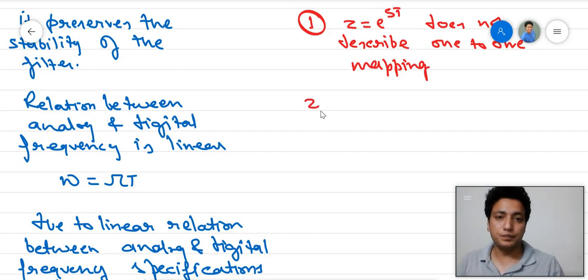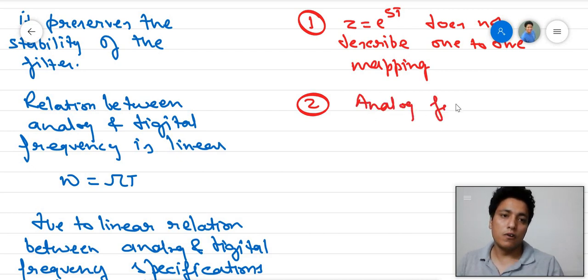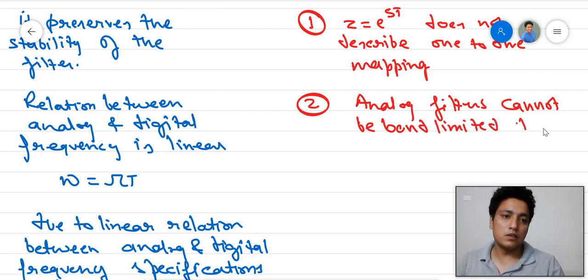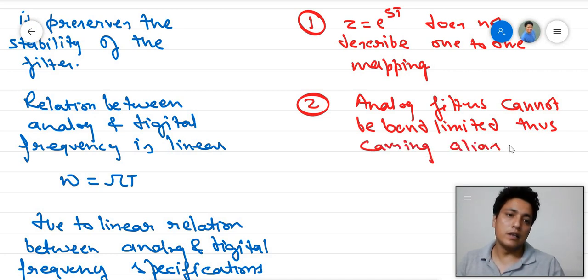Second is analog filters cannot be band limited, thus causing aliasing.